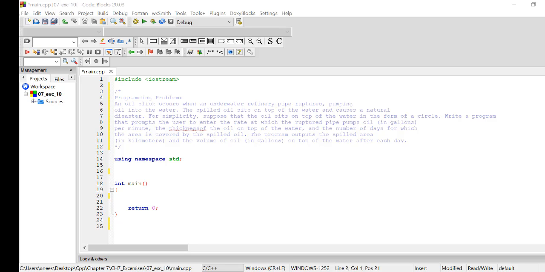Write a program that prompts the user to enter the rate at which the ruptured pipe pumps oil in gallons per minute, the thickness of the oil on top of the water, and the number of days for which the area is covered by the spilled oil. The program outputs the spilled area in kilometers and the volume of oil in gallons on top of the water after each day.